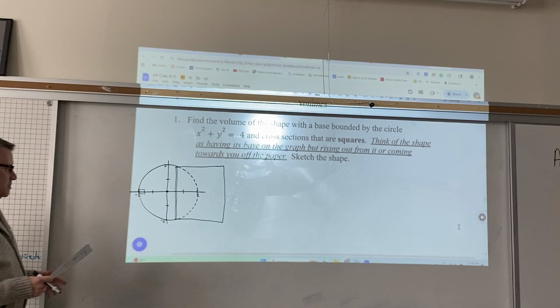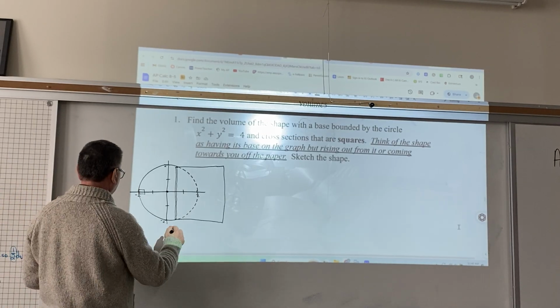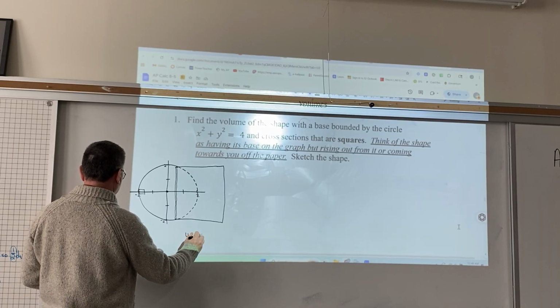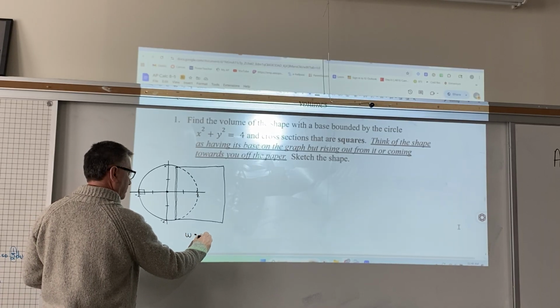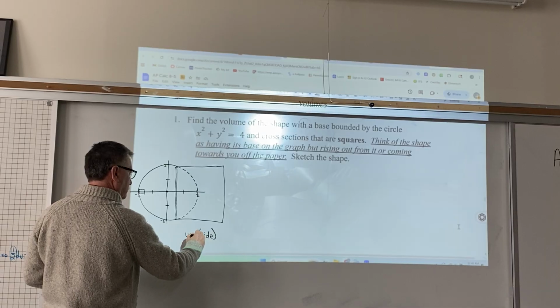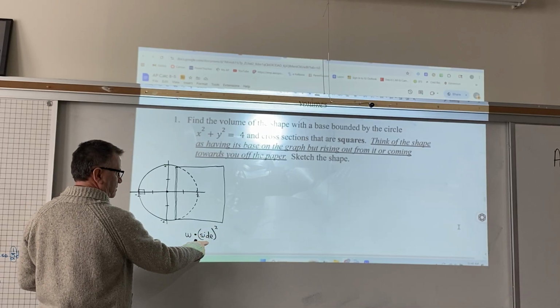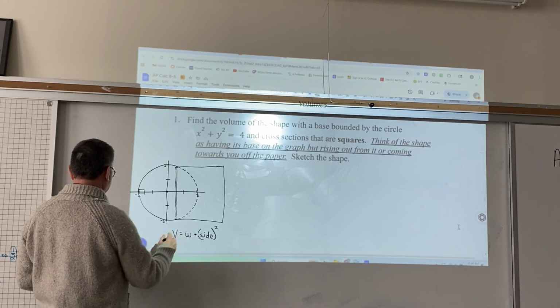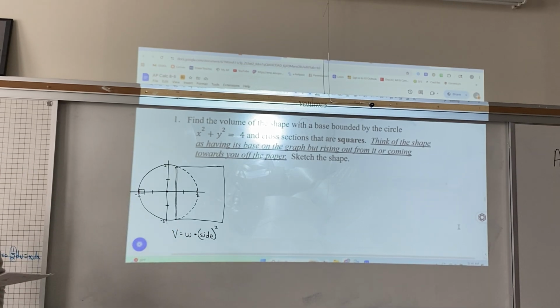I know the volume of this square right here is width times side squared, because that's the area of the square, right?